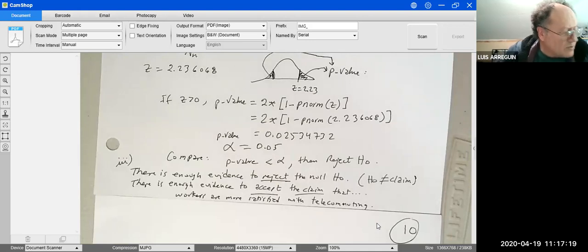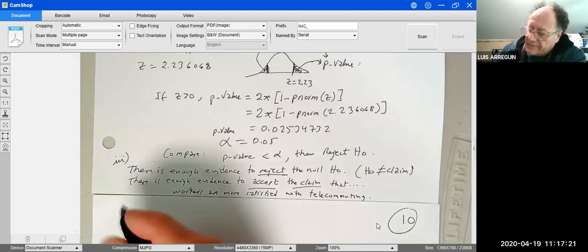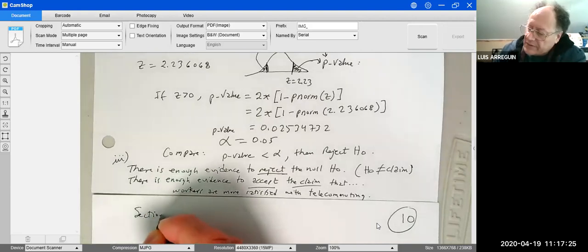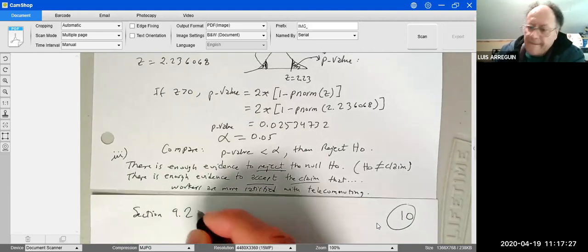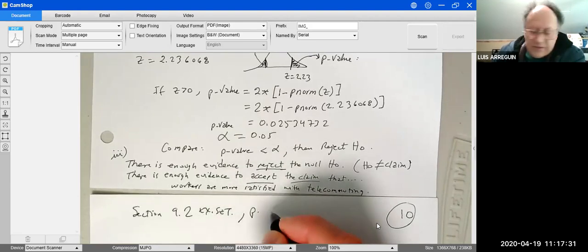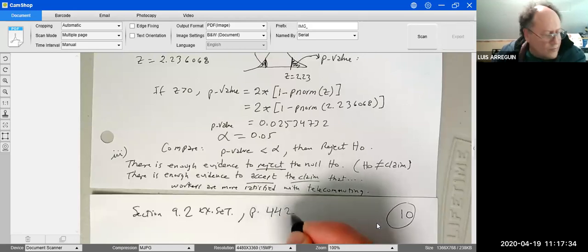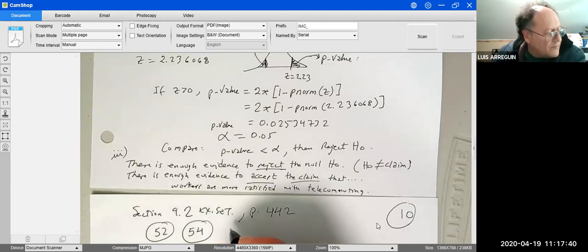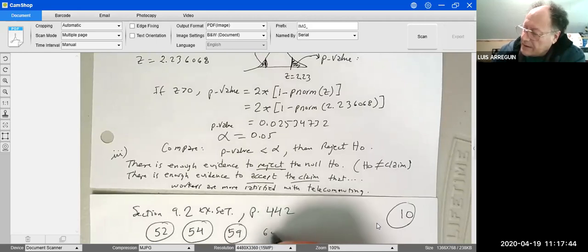So these are the problems that you're going to work on. These are from section 9.2, exercise set on page 442. You're going to work problems 52, 54, 59, and 60.